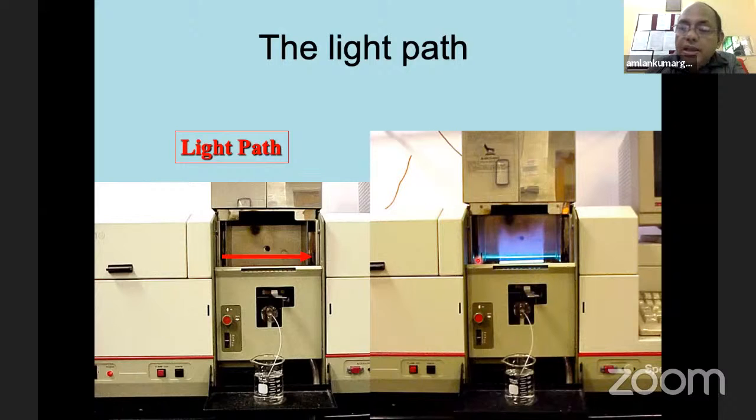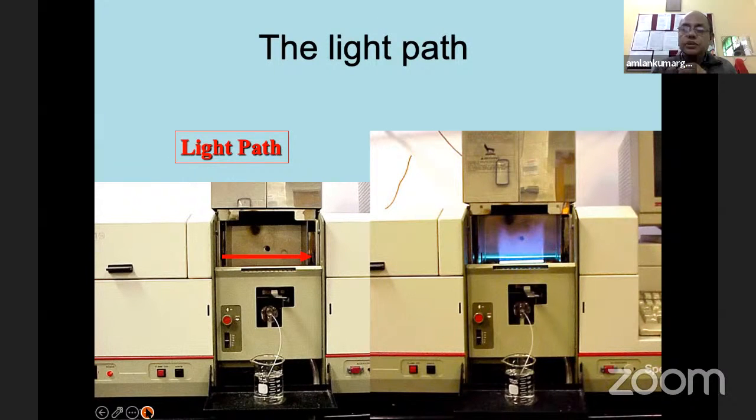So we need to supply light of their own specific resonance wavelength through the flame, because the atoms are in the flame. We do that by using a hollow cathode lamp. And I just told you how a hollow cathode lamp functions. It has a cathode and an anode, and when I connect them to the electrical circuit, it gives out electrons.